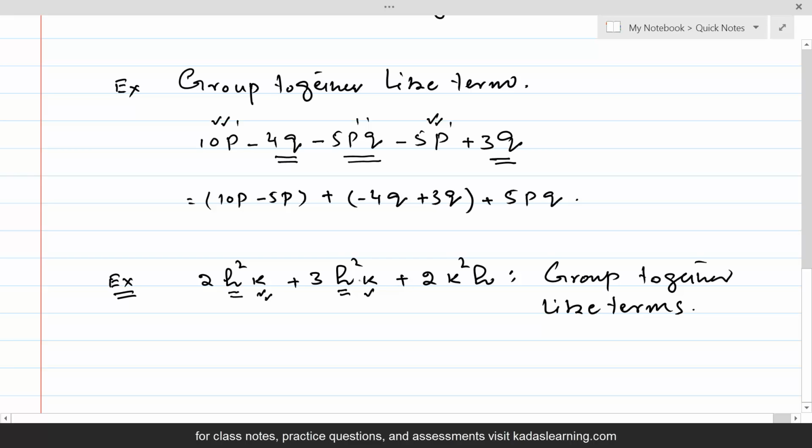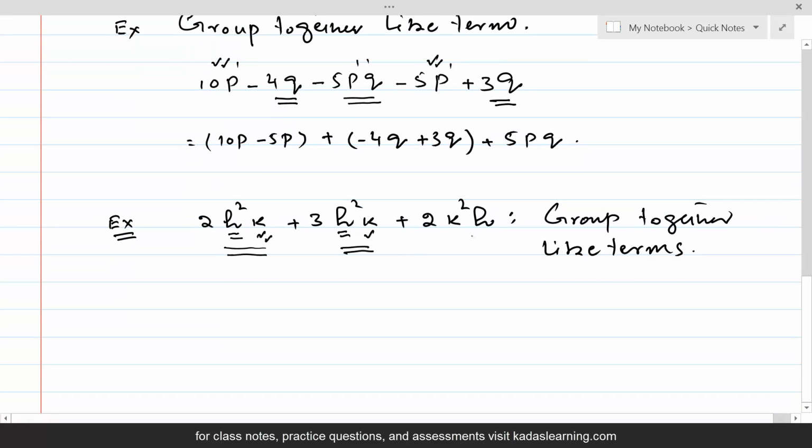Individually h square and h square, they are like, k is like k, and the degree of the first term is 3, the degree of the second term is 3. That's why both of these terms are like terms. But look at the third. This is k square. There is no k square in the first or second term. That's why that is an unlike term.